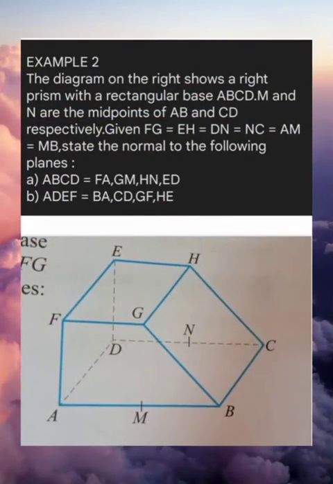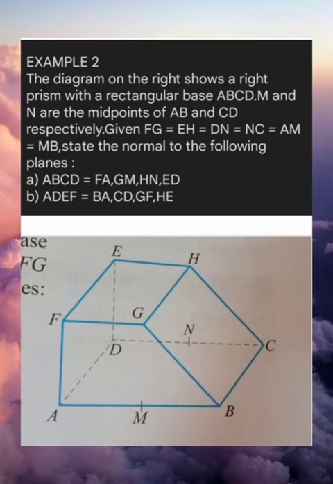Example 2. The diagram on the right shows a right prism with a rectangular base ABCD. M and N are the midpoints of AB and CD respectively. Given FG equal to EH equal to DN equal to NC equal to AM equal to MB, state the normal to the following planes.